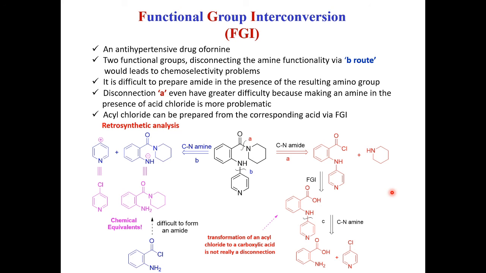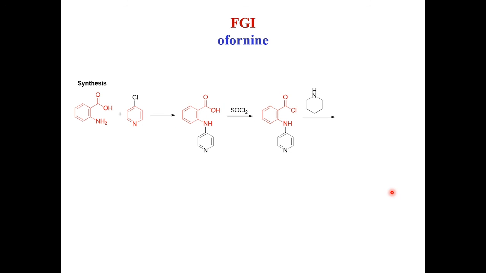Okay, so next, let's move to the forward synthesis of this molecule. Its synthesis is very simple. In the end, we have got the anthranilic acid. The treatment of this anthranilic acid with chloropyridine would give this protected amino product.